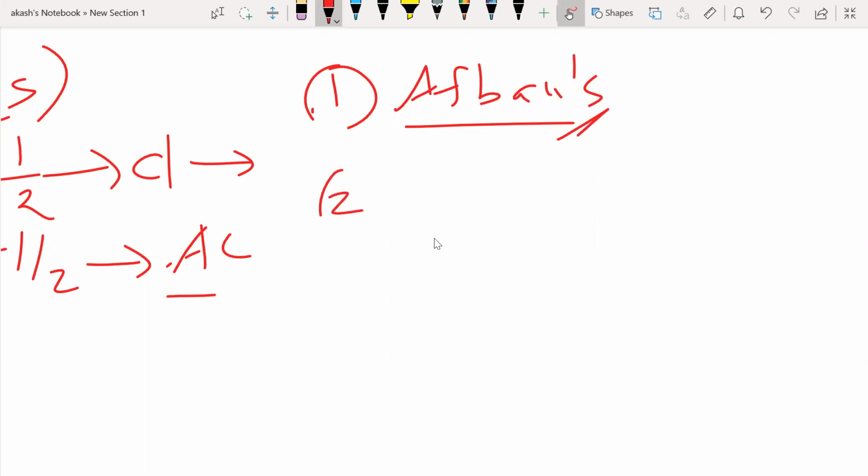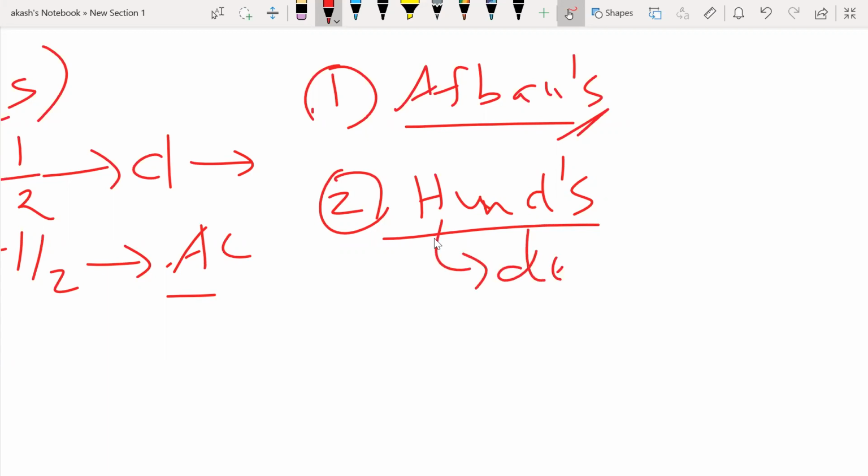We already know. The next one is Hund's rule of maximum multiplicity. So it says if you are going to go for degenerate orbitals, I hope you know what degenerate orbitals are. These are orbitals of equal energy.